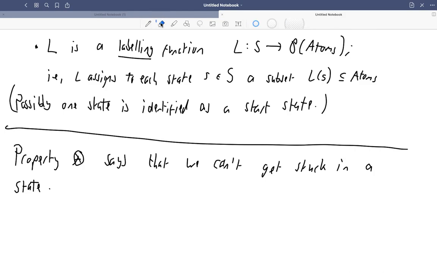So in more computer science language, we might say there is no deadlock. Deadlock is when a network, for example, gets into deadlock if everything gets clogged up and nothing can move to another state. So, i.e., there is no deadlock.